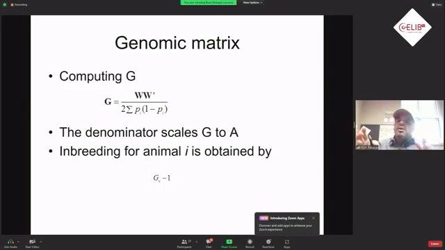You compute the genomic relationship matrix, look at the diagonal, and subtract 1, and what remains is the genomic inbreeding. Obviously, if you get a negative value because the diagonal element is smaller than 1, which could happen with genomic information, then that inbreeding is 0. What you see there is just a small error due to sampling.